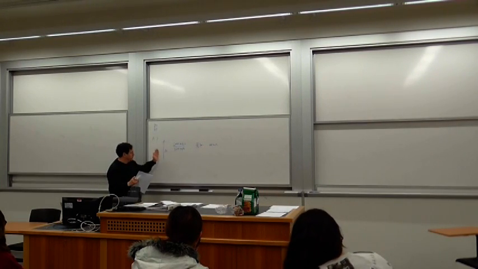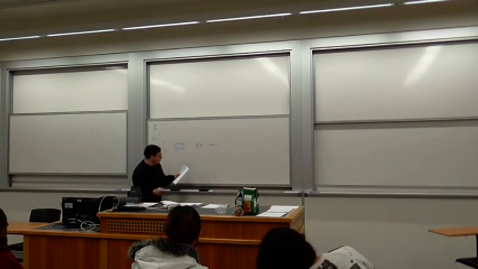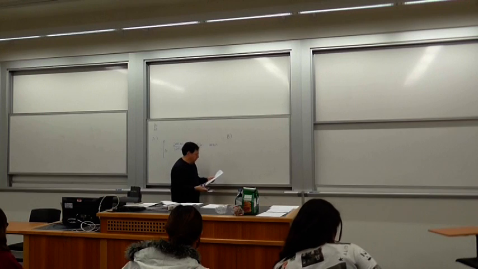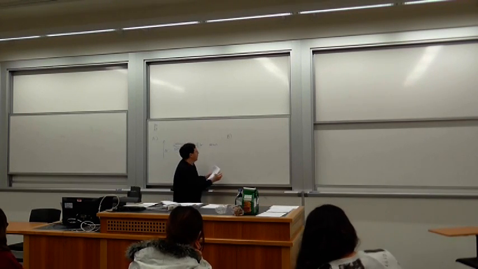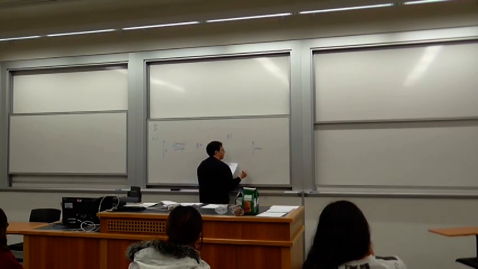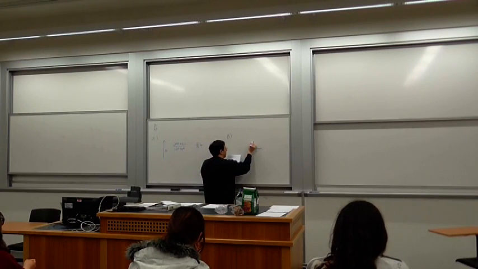No wind. You go straight. Fine. Okay. That's part A. Part B says you've got the same situation, but now you're going this way at 120 miles per hour. That's the velocity vector. And there's a wind going west. That's 90-degree angle at 60 miles per hour.